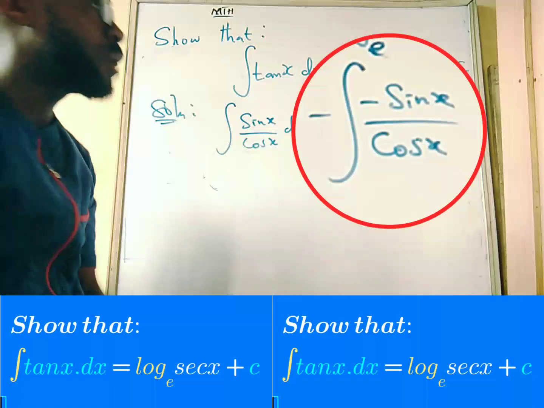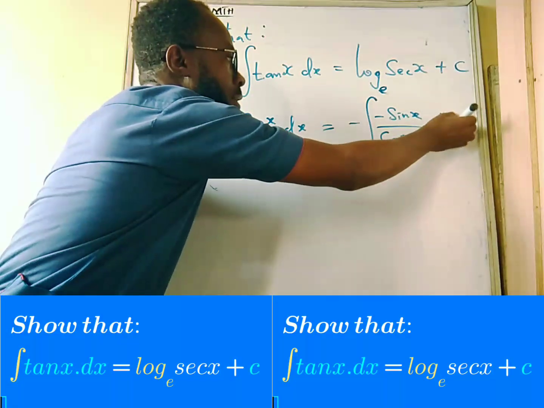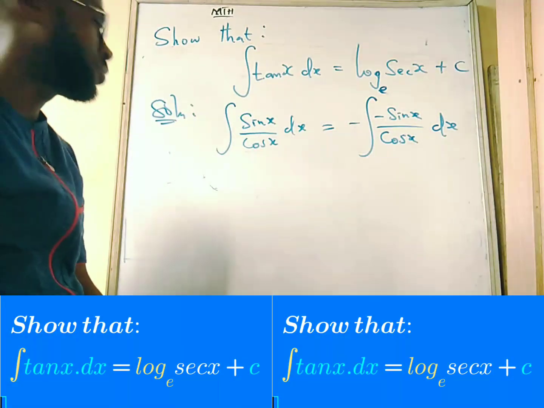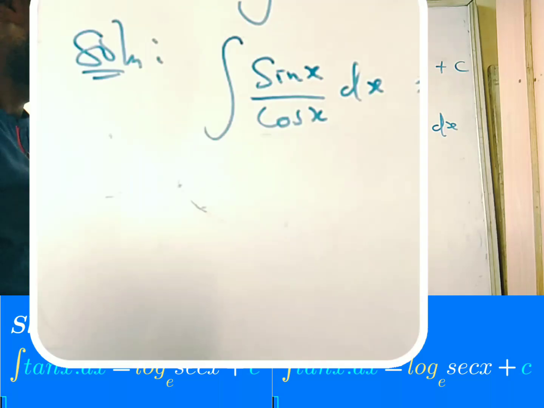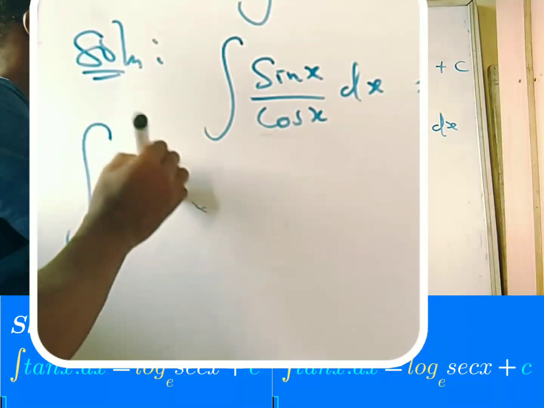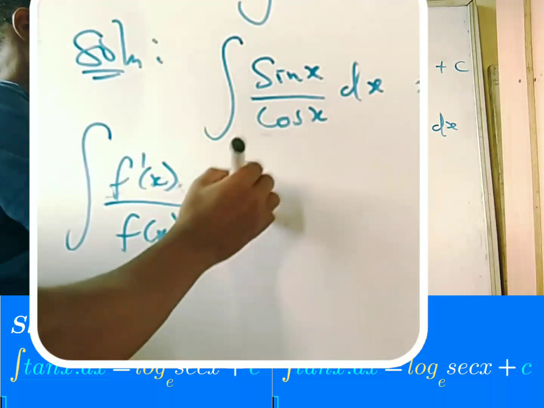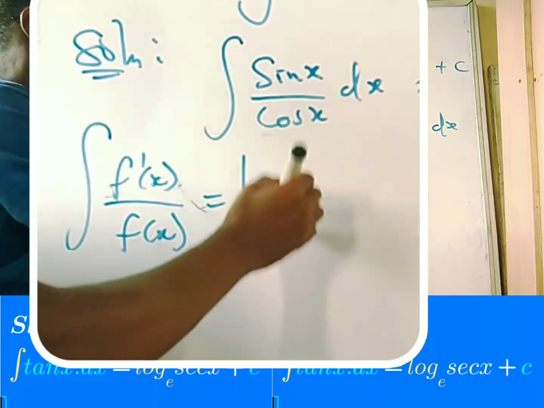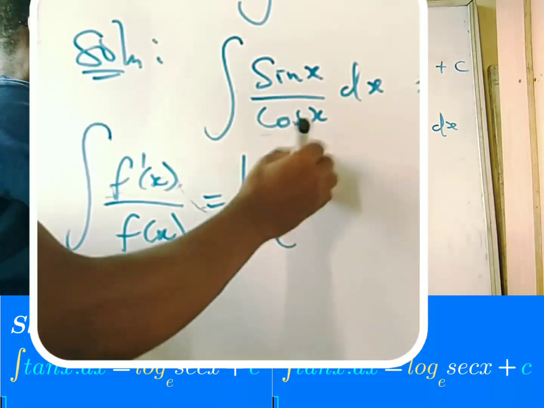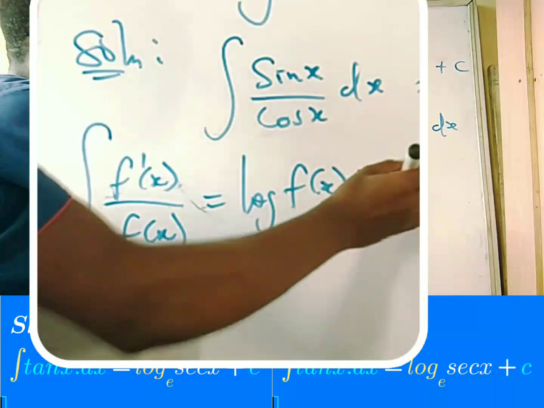With this, I can apply my integral rule that says the integral of f prime of x over f of x is equal to log to base e of f of x plus c.